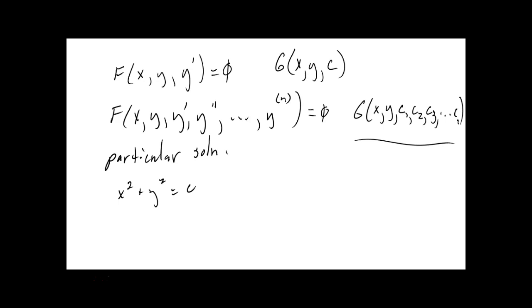However, it's understood that the relation should always make sense in the real number system. Because what if you said c is equal to negative 25? Would that make sense? x squared plus y squared equals negative 25. The sum's always positive.